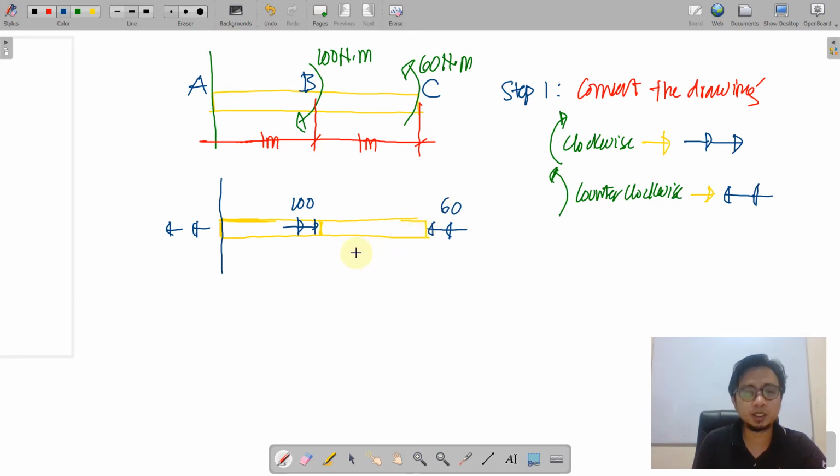And obviously, the torsion that will prevail here is 100. So therefore, your 60 will be needing here an additional leftward force equivalent to 40.